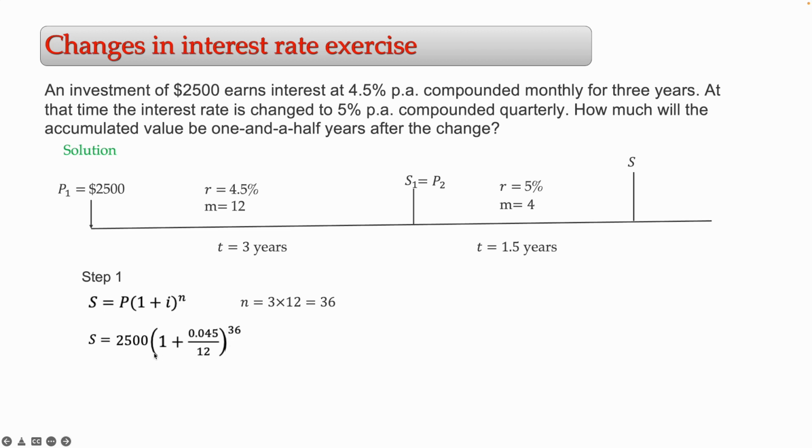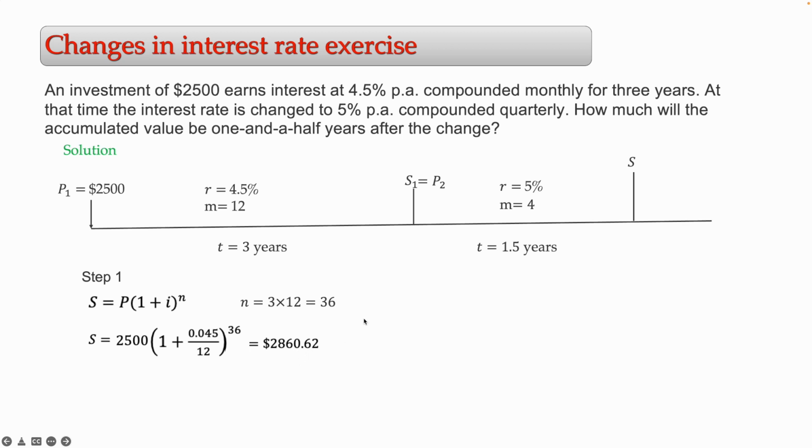I do this in my calculator: 2,500, open bracket, 1 plus 0.045 divided by 12, close the bracket, raised to the power 36, and I press enter. I get 2860.62, $2,860 with 62 cents.